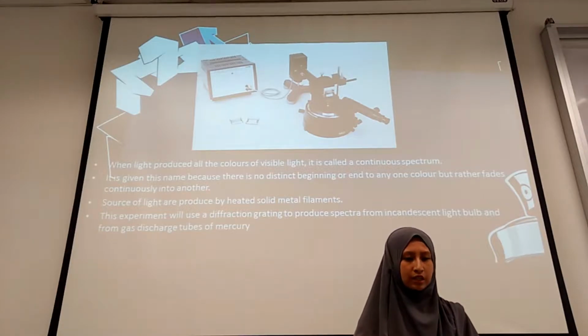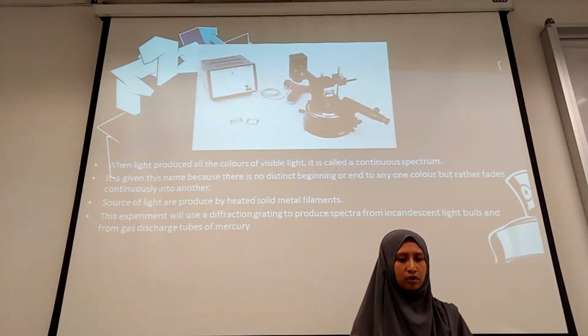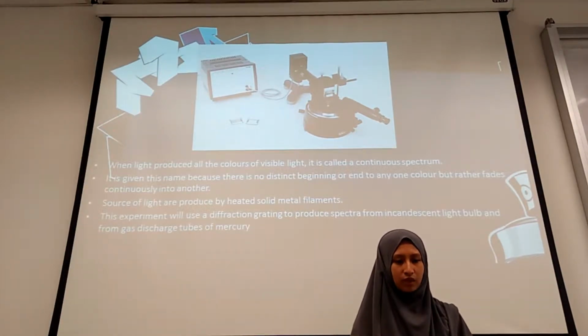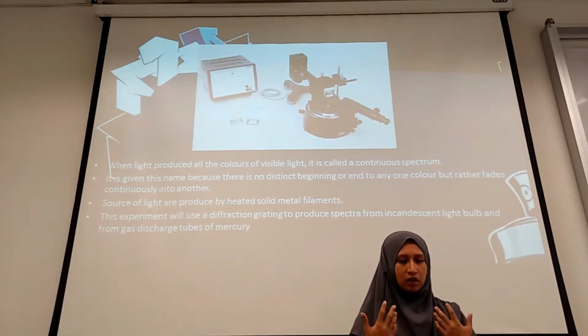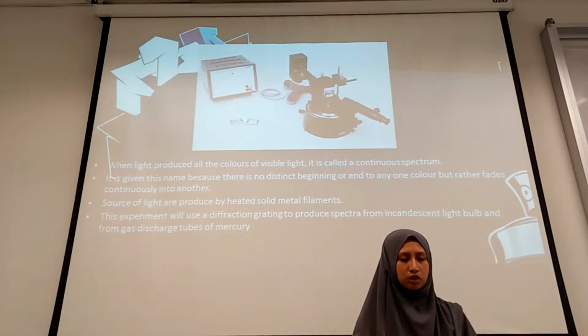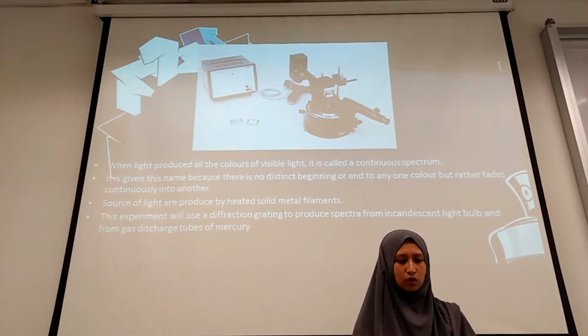In this theory, it is mentioned that when light produces all the colors of the visible light, it is called a continuous spectrum. Spectrum here means the resulting array of colors. It is called continuous because there is no distinct beginning or end to any one color; it fades continuously into another.